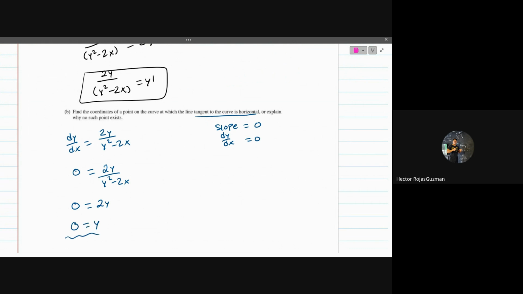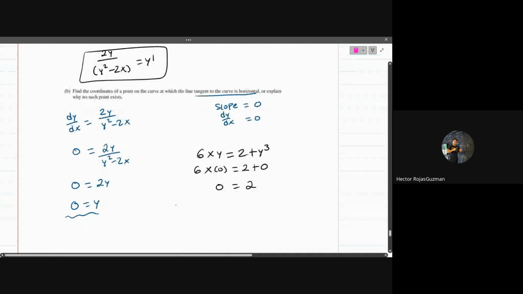Now, to find the x coordinate, you're going to have to go back to the original function, which was 6xy equals 2 plus y to the power of 3, and plug in the 0. 6x times 0 is equal to 2 plus 0. This is interesting because we get 0 equals 2, and that doesn't make sense, huh?